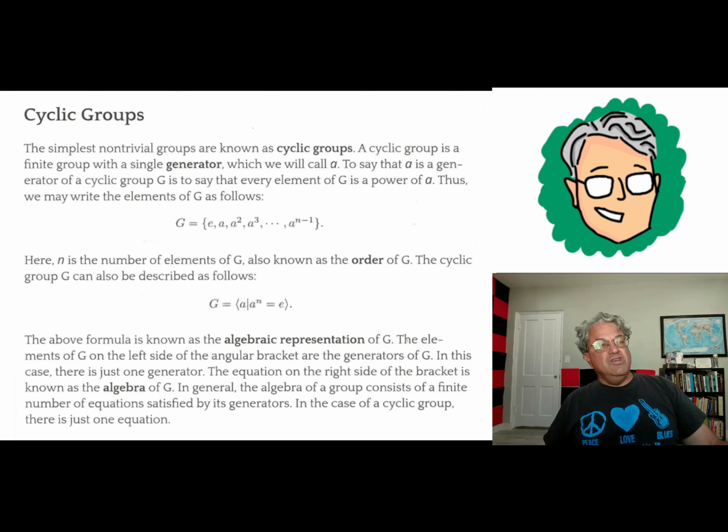And usually the way we write the elements of a cyclic group, say we're doing the cyclic group of order 5, we would write the elements as a, a squared, a cubed, a to the 4th, and a to the 5th, which is equal to the identity. It's always true that a to the n is equal to the identity when we're looking at a cyclic group of order n. And so that's what a cyclic group is.